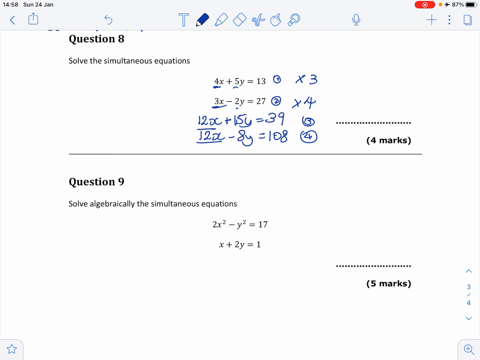Now we have the same x coefficient. So remember, if it's the same sign, we subtract, different sign we add. So we're going to subtract the two equations. Just to make our life easier, I'm going to use equation 4 subtract equation 3. So I'm going to copy down my equation 3 below.